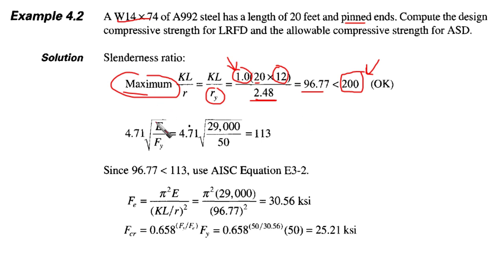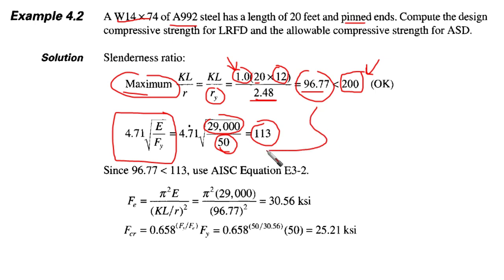Then our limit, 4.71 times the square root of E over F yield, after substitution, with 29,000 for E and F yield of 50 because we are talking about A992 steel, is 113. So this means that our 96 is much less than 113, right?